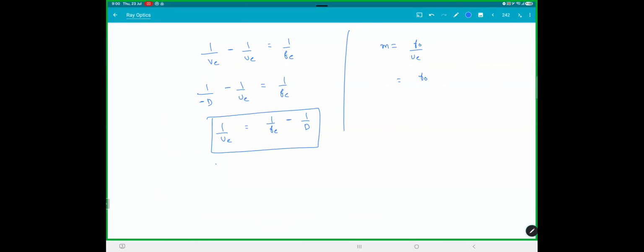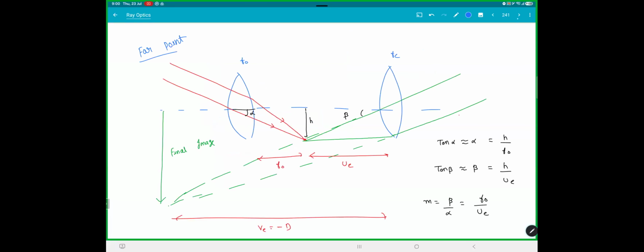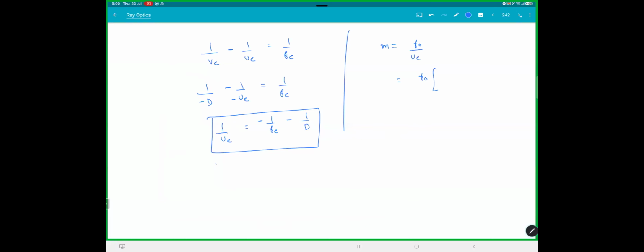Substitute here, so this will be f naught. This is also backward, so that is also minus actually. UE is also backward, so that's a minus sign. So this would be how much?